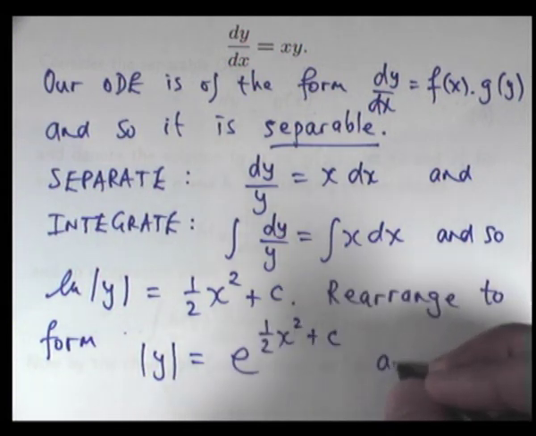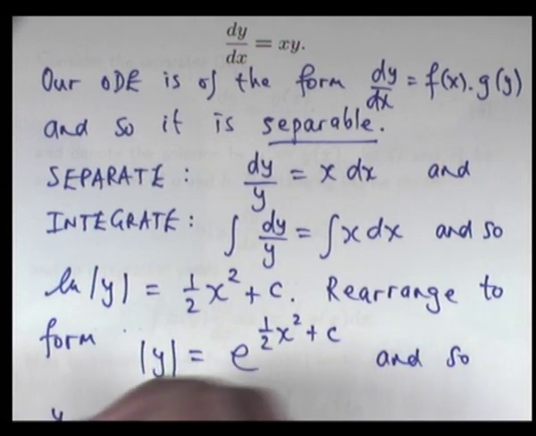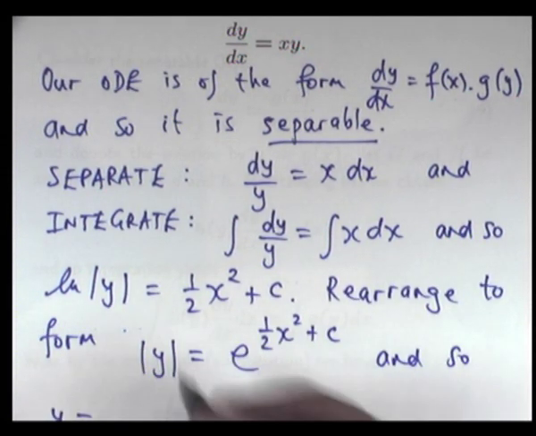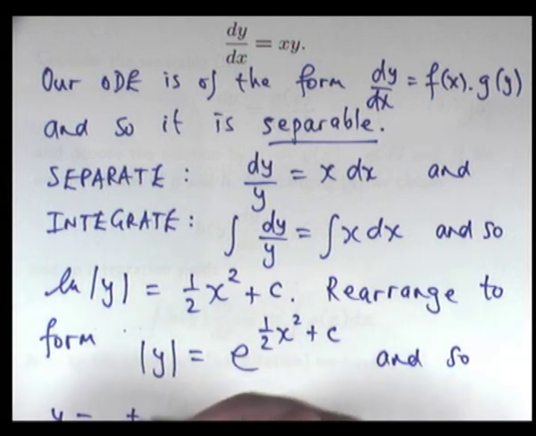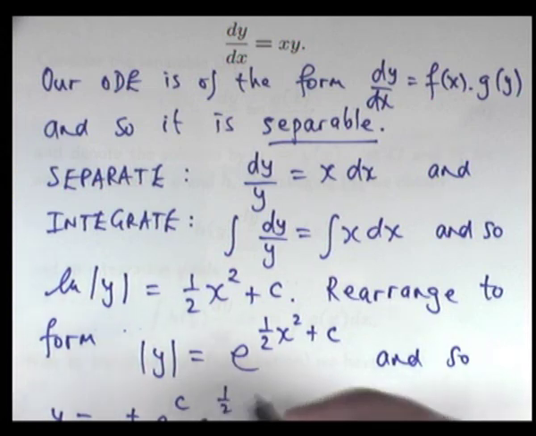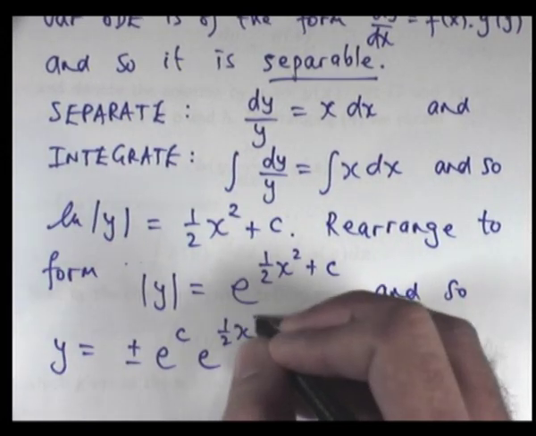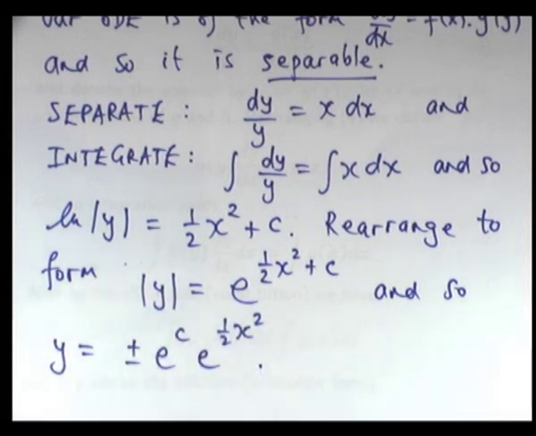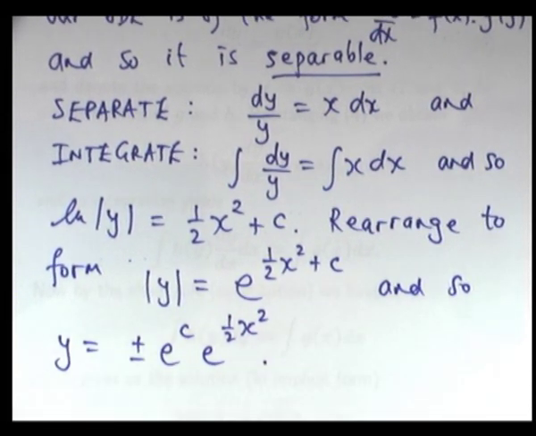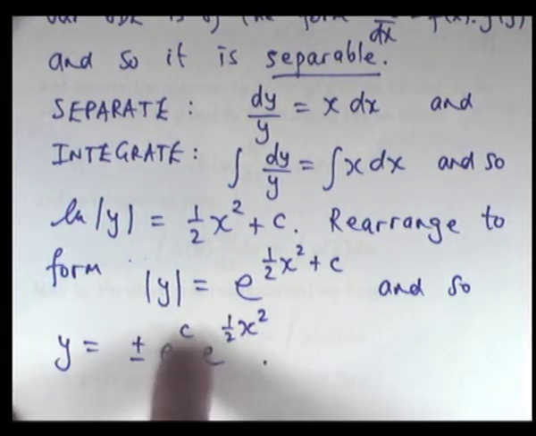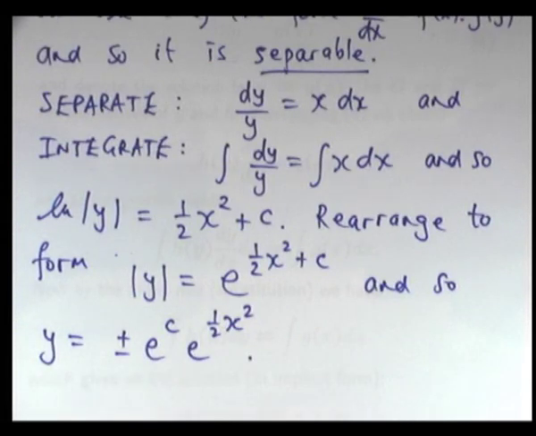So I'm going to break up this right-hand side into e to the c times e to the half x squared. Now, just to make things a little bit more convenient, what I can do is replace this plus or minus e to the constant by a new constant, say a. This makes things a little cleaner and a little bit easier to work with.